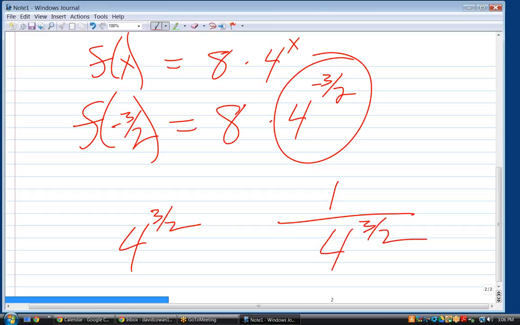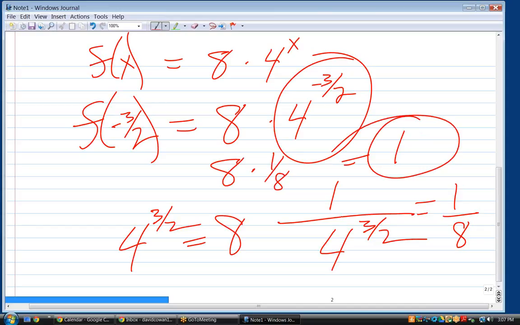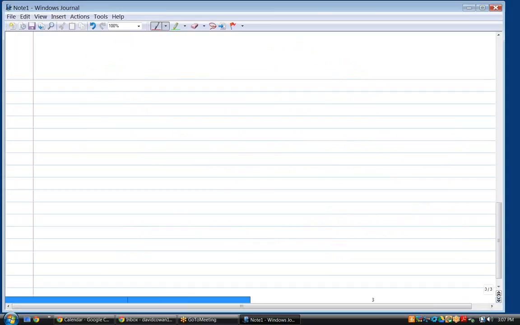And what's 2 cubed? 8. So it's 1/8. Exactly. So it's 8 times 1/8, or 1. Just remember that negative exponents do not mean negative numbers. They just immediately convert it to a positive exponent by putting 1 over that.